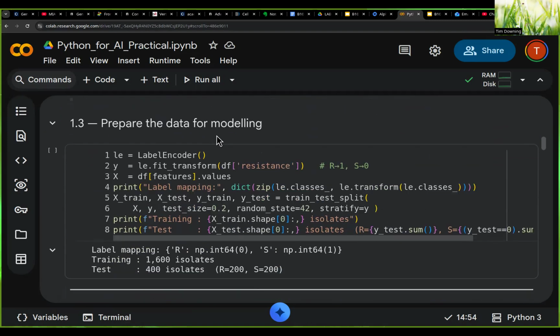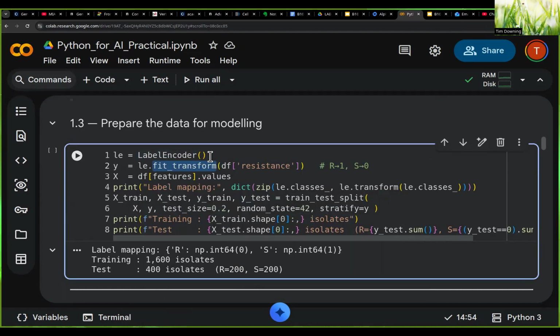So what we're going to do is prepare the data for modeling. So what we're doing is using the LE fit transform function on the data frame. And what we're trying to do is take the testing and training data set and split it up, where we're splitting it such that the testing side is 20% of the total amount, and the rest, the 80%, is for the training data set.